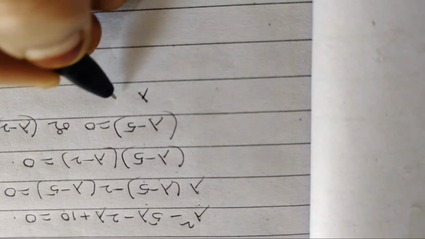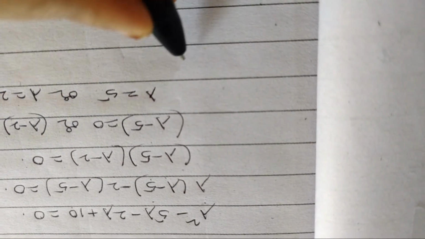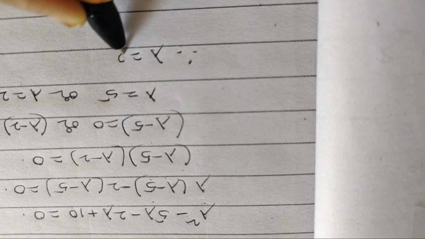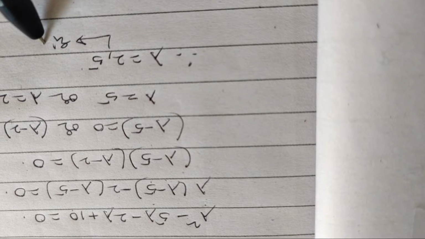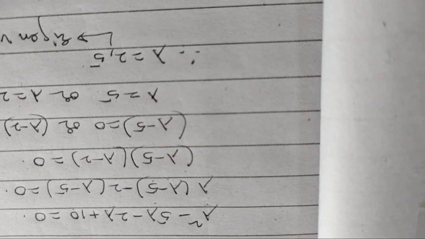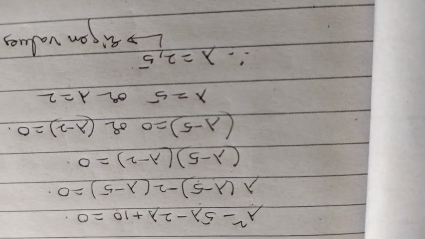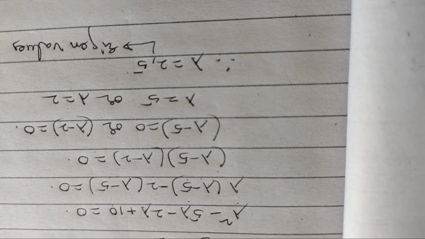Lambda is equal to 5 or lambda is equal to 2. Therefore, lambda is equal to 2, 5. This is known as eigenvalues. After getting the eigenvalues, we'll proceed to the second step for finding the eigenvectors.